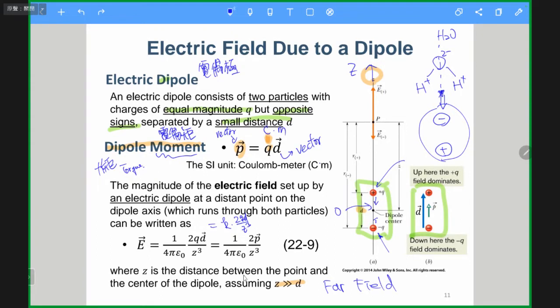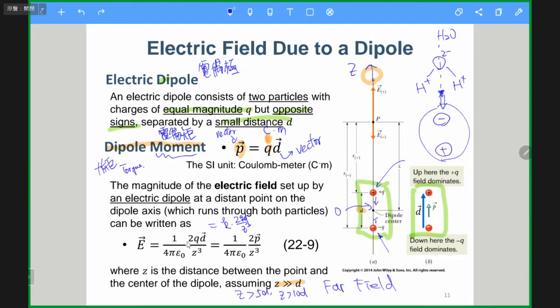Of course, you may ask, how large is Z so that it is much larger than d? It's up to how accurate you want this equation to be. Sometimes maybe Z is larger than 5d, or maybe Z is larger than 10d. It's up to how accurate you want it to be.